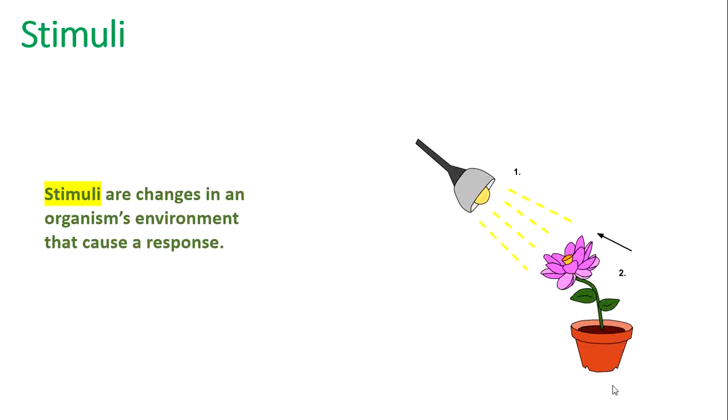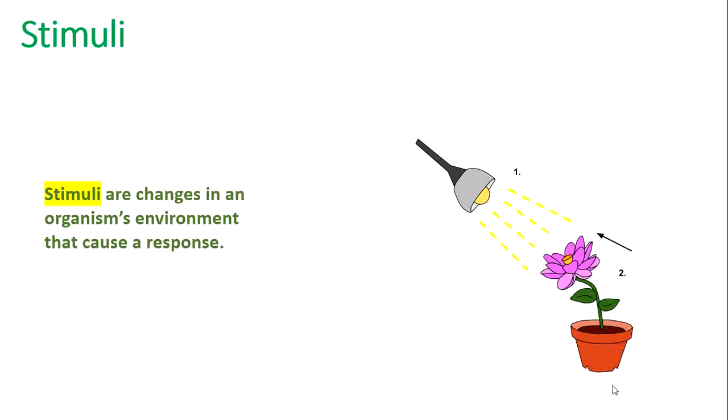Often plants' responses to stimuli might be so slow that it is hard to see them happen. For example, the response might occur gradually over a period of hours or days. Light is a stimulus. A plant will respond to that stimulus by growing toward it. As you can see here in the picture, light is a stimulus and the plant is responding to it by growing towards it.